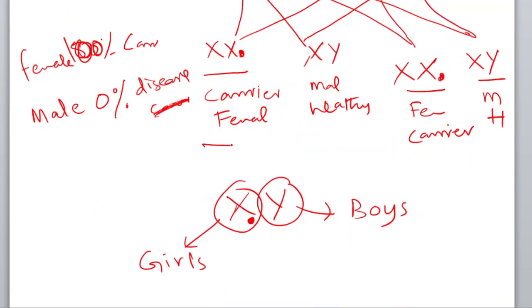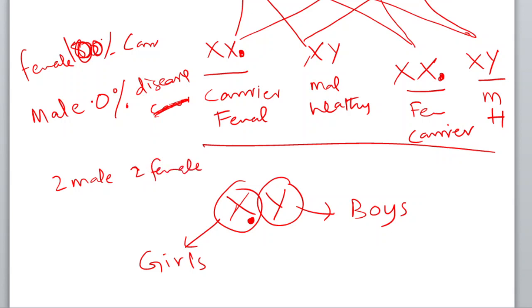Suppose there are 4 children, 2 male and 2 female. All of them constitute 100%. But 50-50, let's suppose 100 could be divided into 2 portions, like 50% here, 50% here.